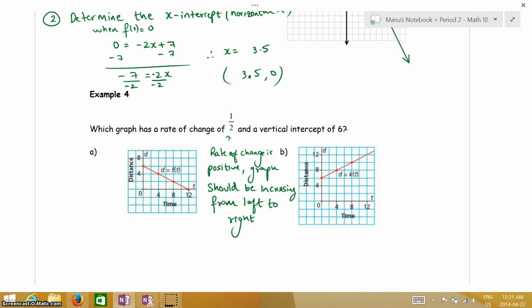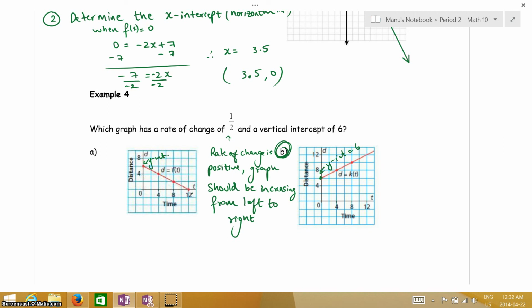And by looking at those graphs, I can say the one that's increasing from left to right is right here. This one's also got a y-intercept of 6. And it's increasing from left to right, so it's got to be option B. Even though this one's got a y-intercept of 6 as well, this one is decreasing from left to right, so the rate of change is going to be a negative number.